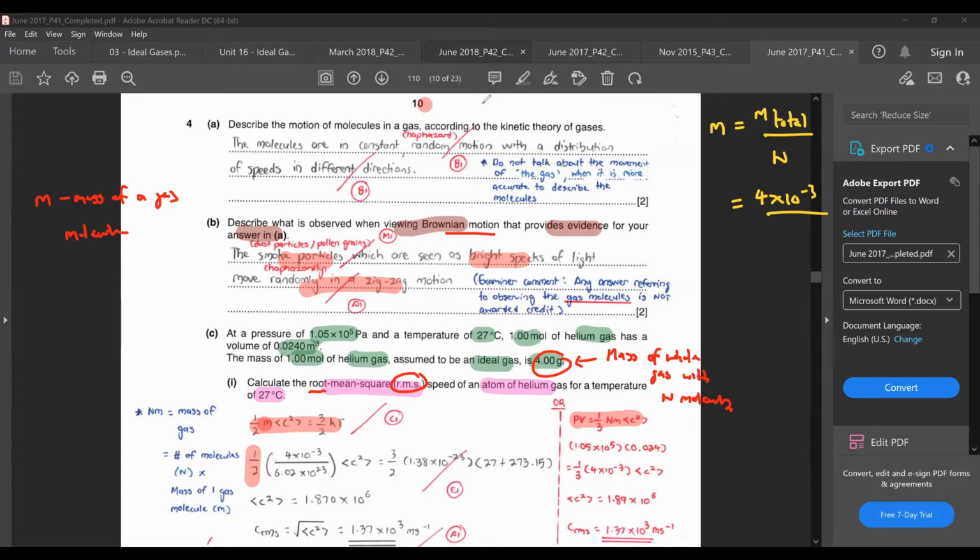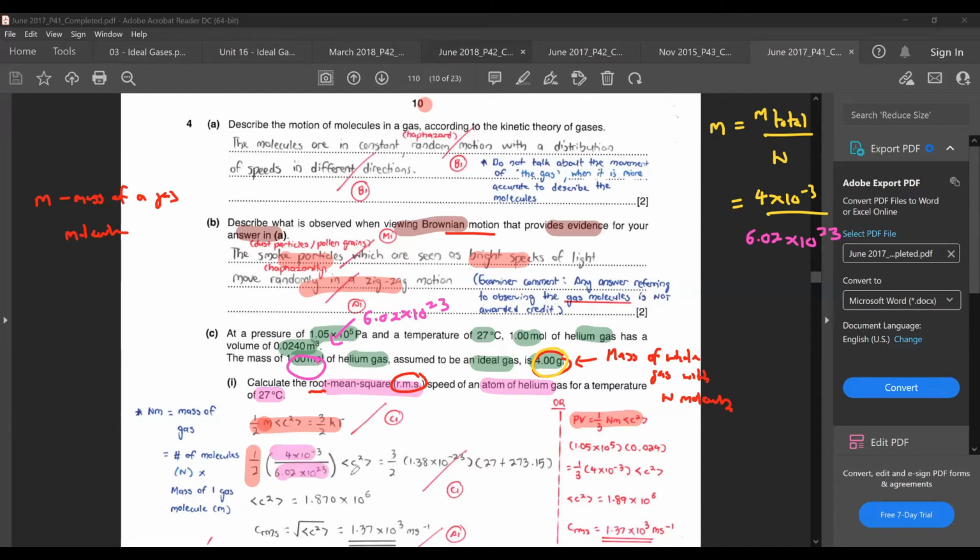Here, they already told you that this 4 grams is for 1 mole. So we know 1 mole has 6.02 times 10 power 23 molecules. So what we substitute here for the number of molecules is 6.02 times 10 power 23. So your mass of one molecule is this.